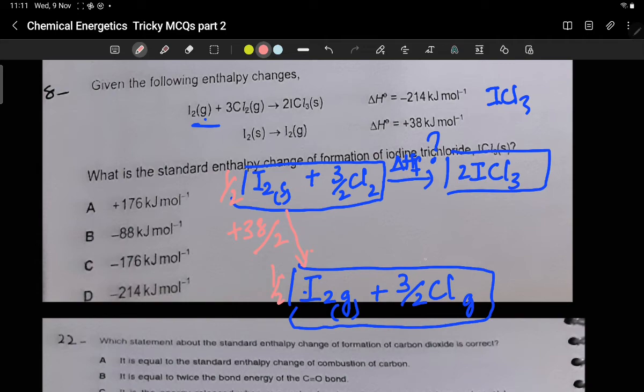Now this reaction is for 2 moles, and we have to find out 1 mole of trichloride. So this can be divided by 2, minus 214 divided by 2.